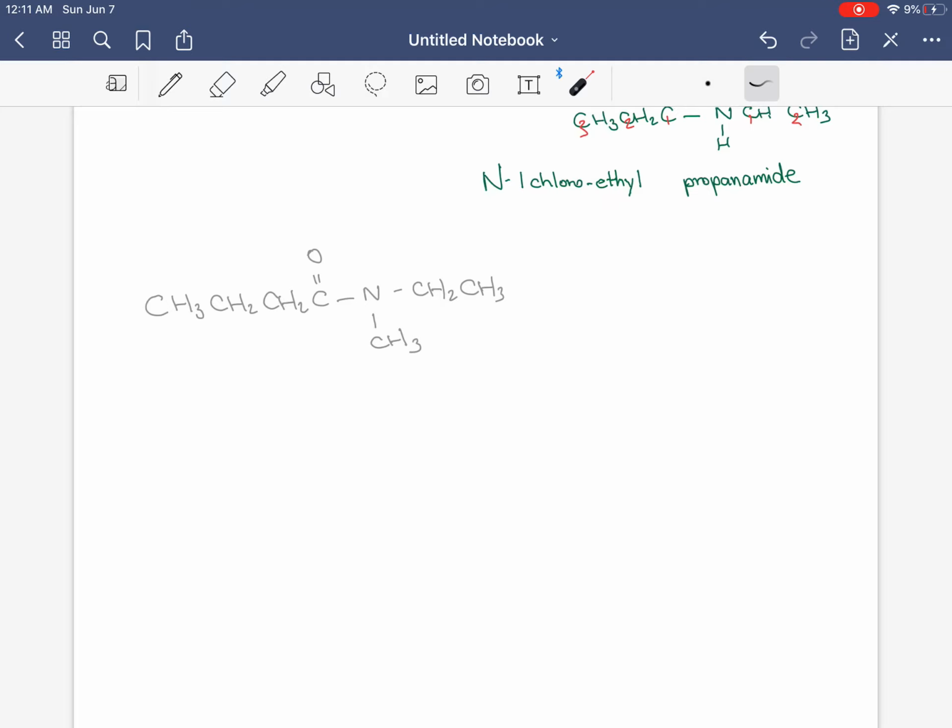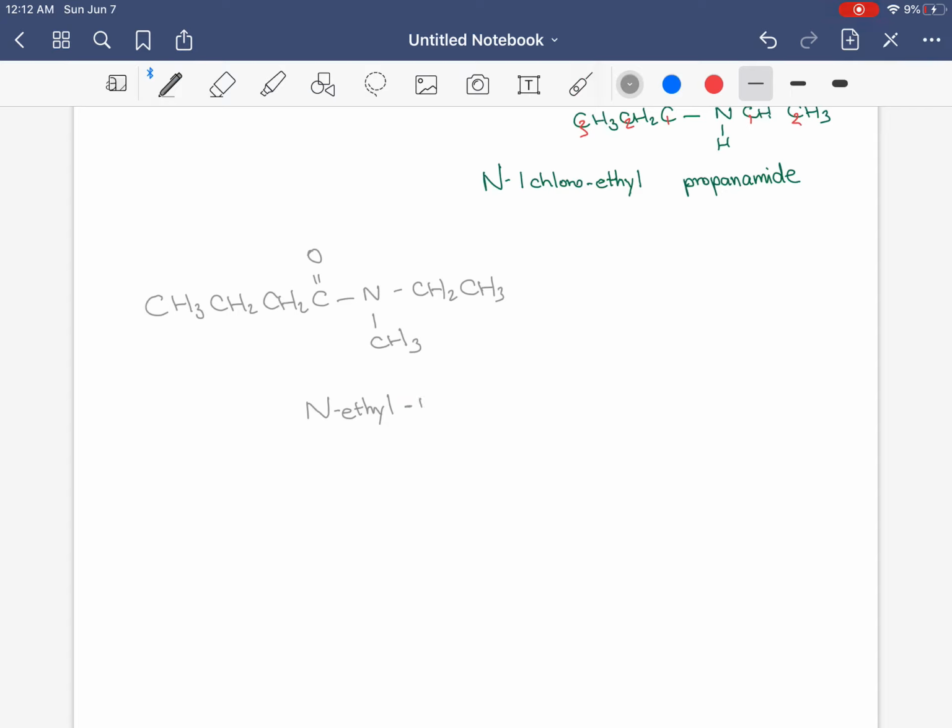Now, again, the naming is very simple. You name the amine portion first. This is a secondary amine. If you were to name the secondary amine, you would have said ethylmethylamine. But you can't really just say that, okay, in an amide situation. So in an amide situation, you will say N-ethyl, meaning that one of the nitrogen is connected to an ethyl. Okay?